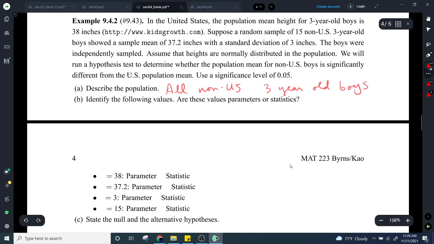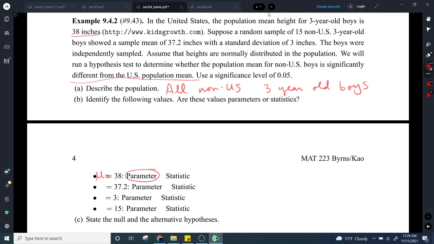Identify the following values. So let's go through what we had again. The population mean height for 3-year-old boys is 38 inches. 38 is what we're comparing to because it says run a hypothesis test to determine whether the population mean for non-US boys is significantly different from the US population mean. So we're comparing to this 38 inches. That means that's our mu naught, the parameter that we want to compare to.